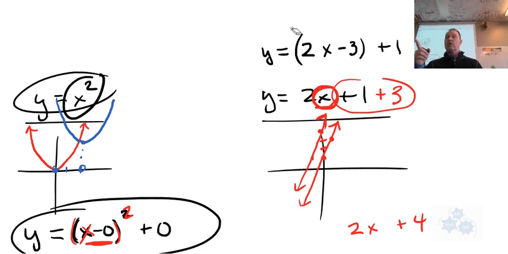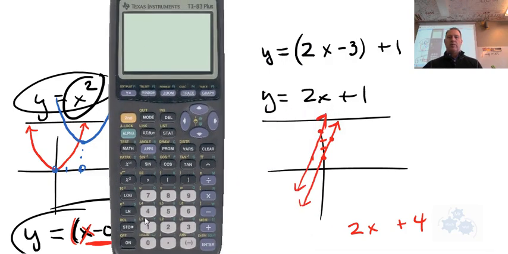So what I want you to do is to try this on your calculator. All right. So here's what we're going to do. This is the final sort of exploration before I set you off on your assignment. I want you to write 2x plus 1 in your calculator. Y equals. Okay, get rid of whatever you got there now. 2x plus 1. Okay, you're going to graph that.